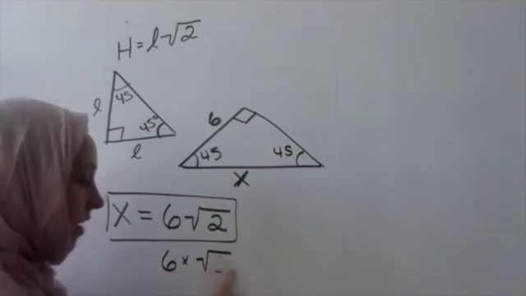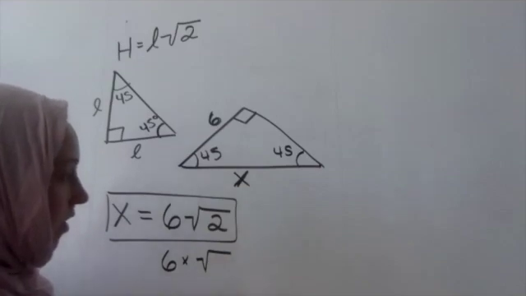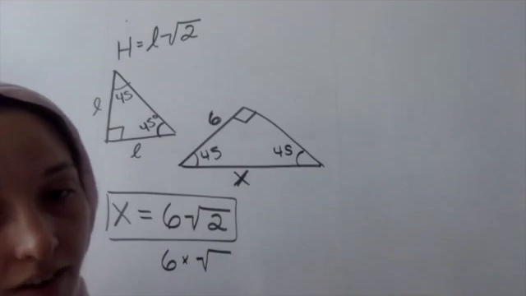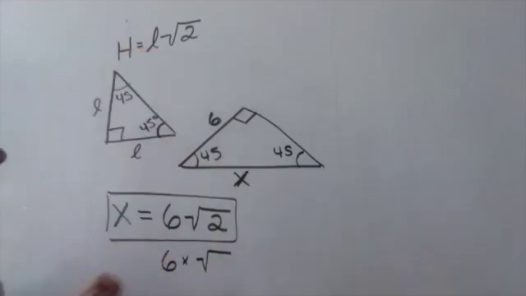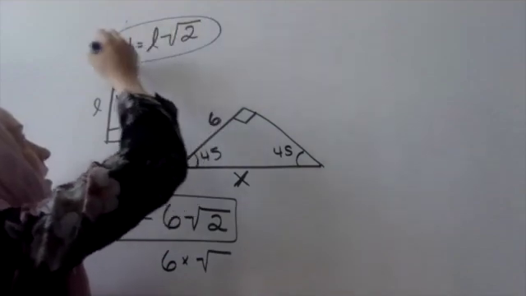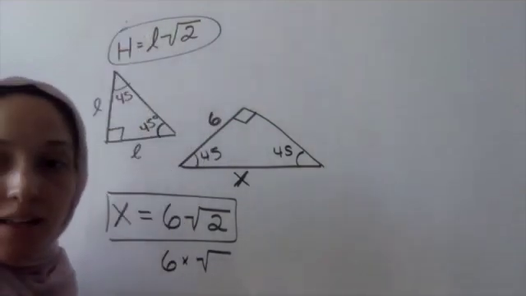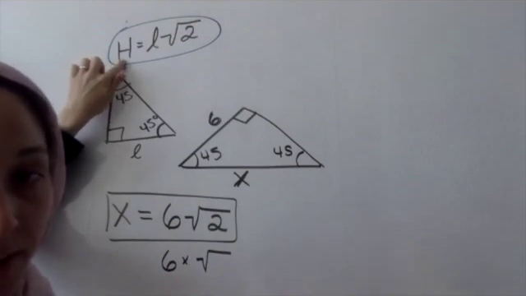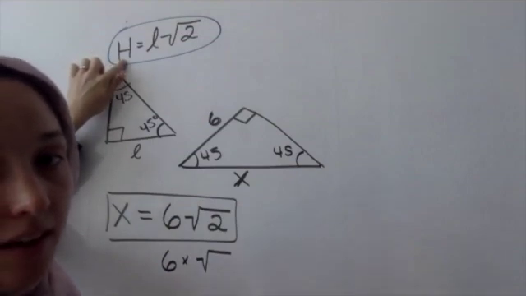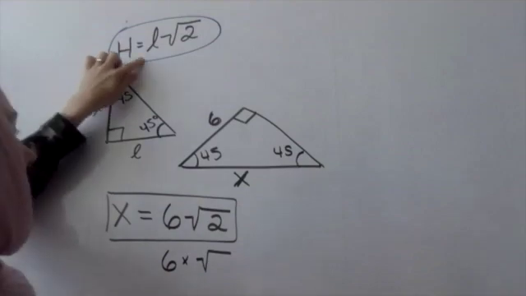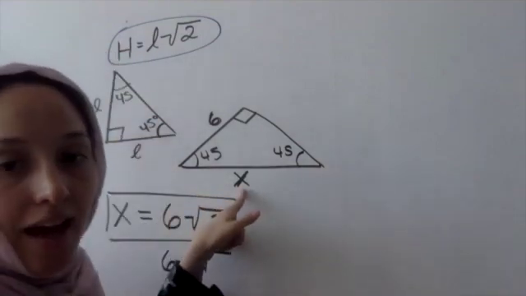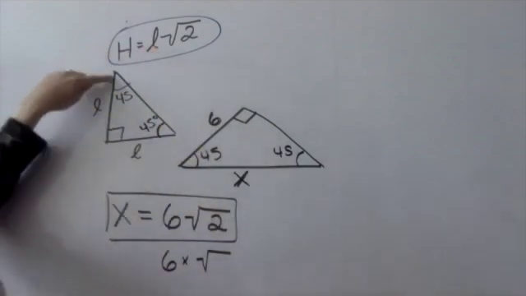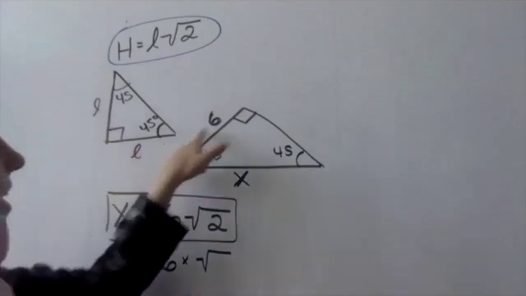But Miss, how did you get 6 root of 2? How did you solve the equation? I just plugged it into my formula. H is my hypotenuse, which is x. L is the leg of my triangle. What is the leg of my triangle?